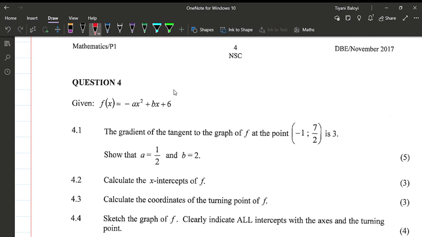This is just simple. Given the equation f of x is equal to minus ax to the power 2 plus bx plus 6. Every time you see something like this, you already know that since you have a negative here, you're going to have a function that looks like this, right? And at the top here you have your turning point, your x value and your y value.